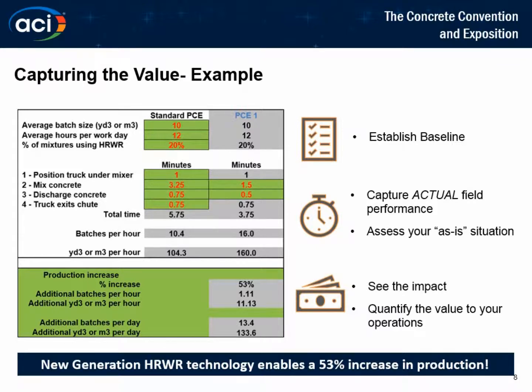All of the red information is input. So you first take your existing operation and you run it with your general use polycarboxylate, whatever product you're using, and you establish your baseline. In terms of faster dispersion, that really impacts two portions of any type of batching process. That is the mixed concrete time. How long does it take your mix to come together?